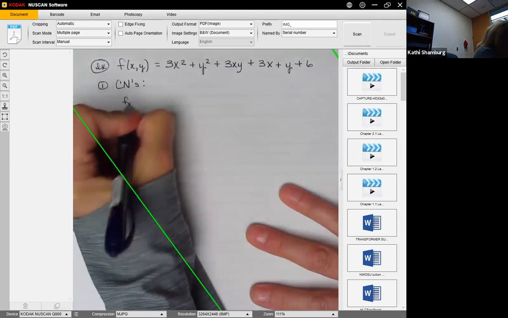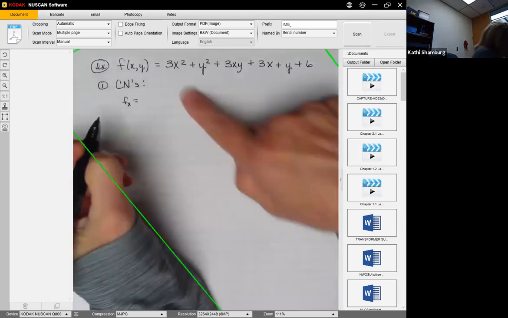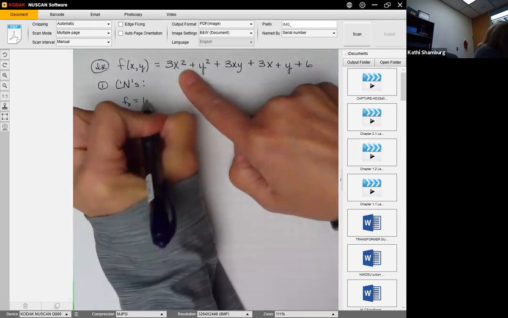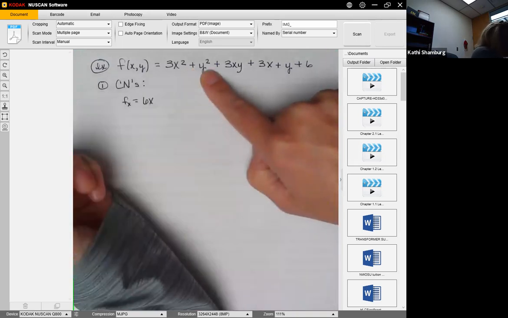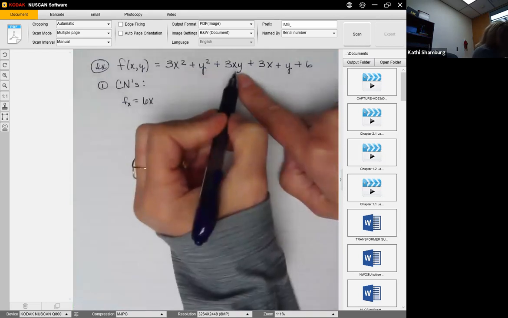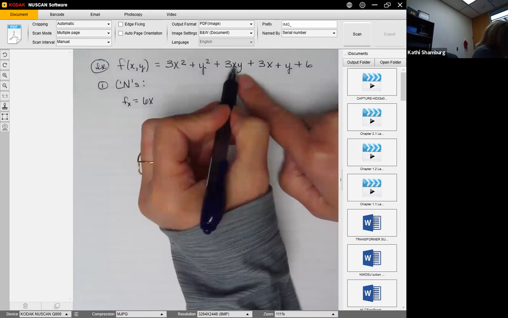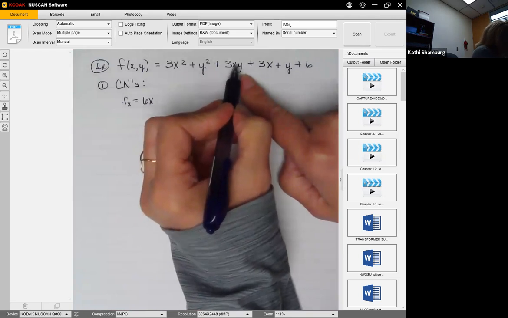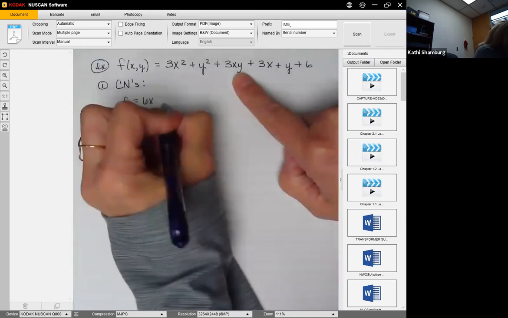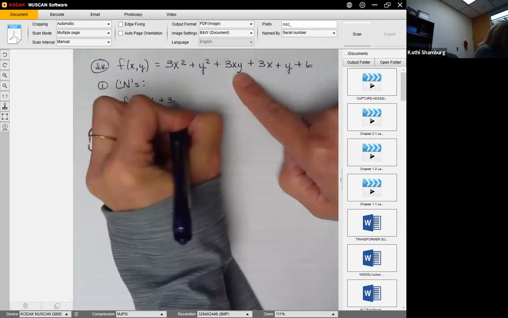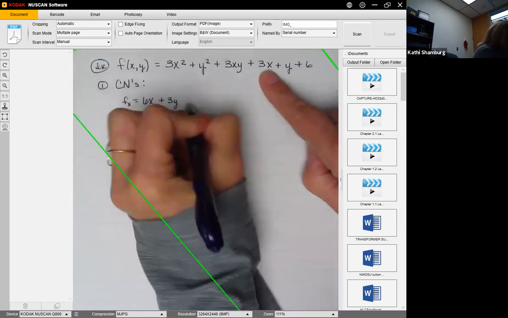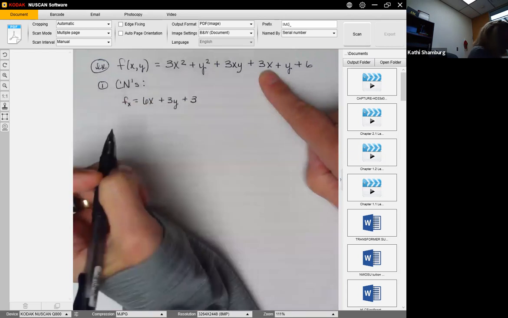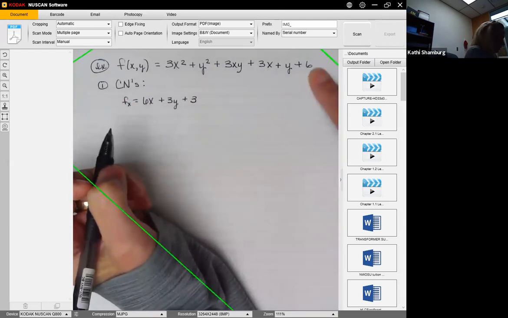So f sub x would equal 6x. This would be like a constant, so that would be 0. This would be, let's see, x, that would just be 1, so we would get plus 3y plus 3 plus 0 plus 0.